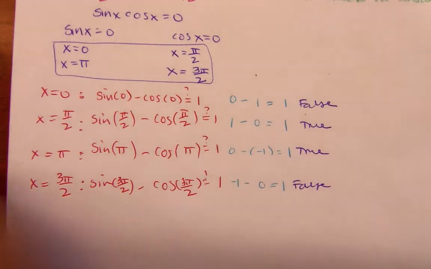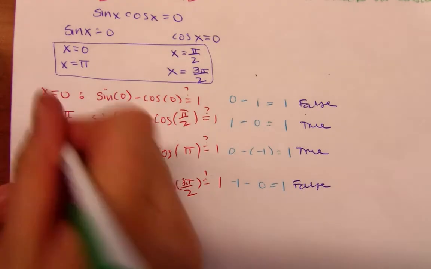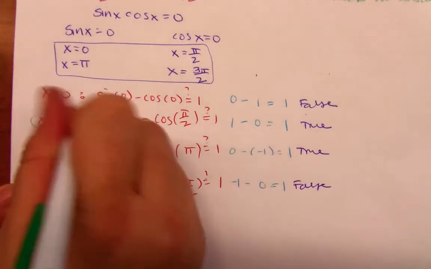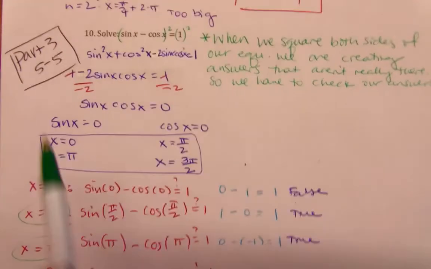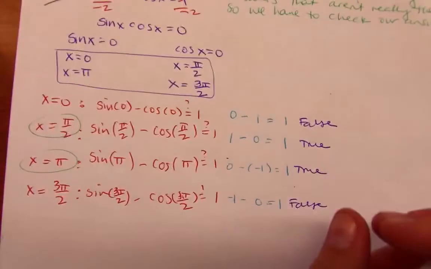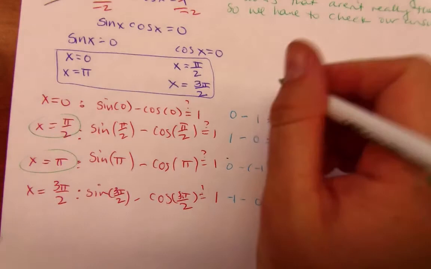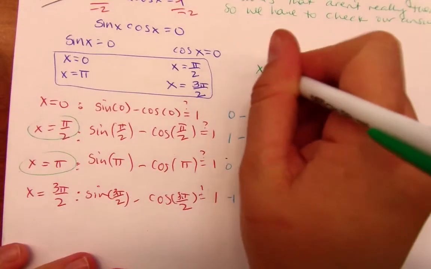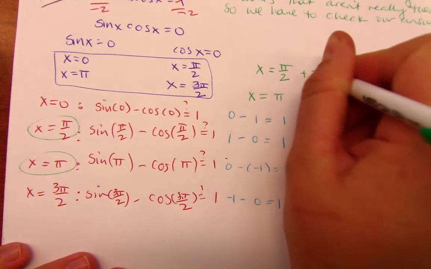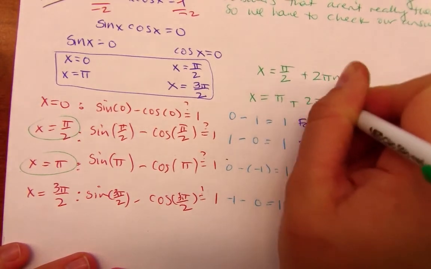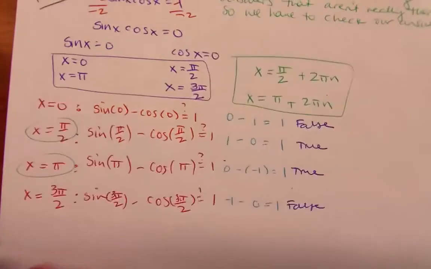So what that means is that we have the true ones, x equals pi over 2 and x equals pi. Those are our answers. Now, it did not tell us from 0 to 2 pi, so what we need to do here is write that we have x equals pi over 2 plus 2 pi n and x equals pi plus 2 pi n, and that is our answer.